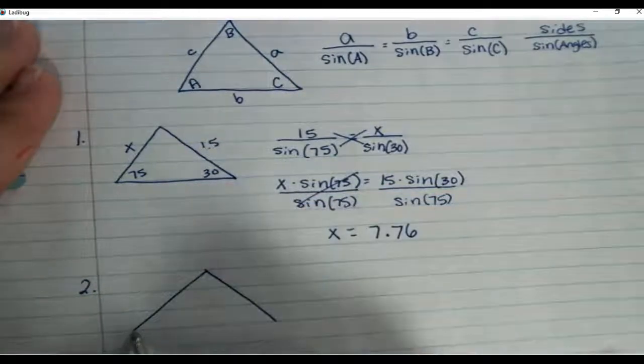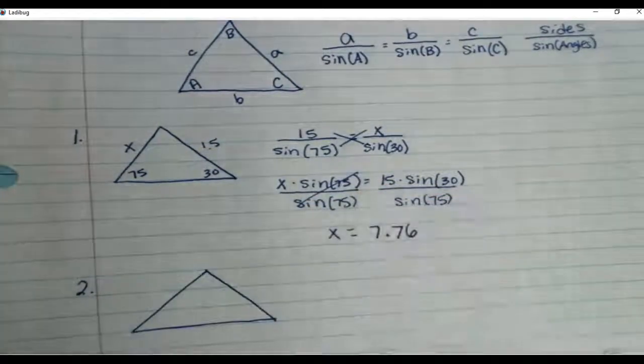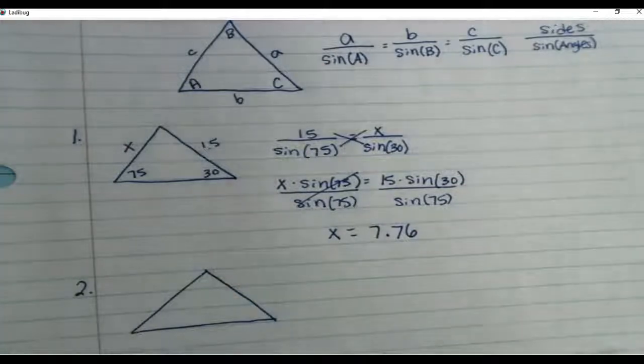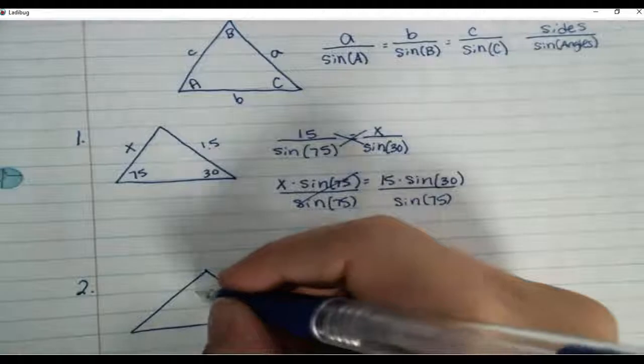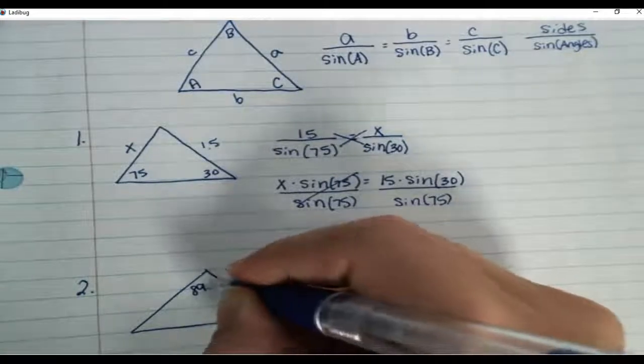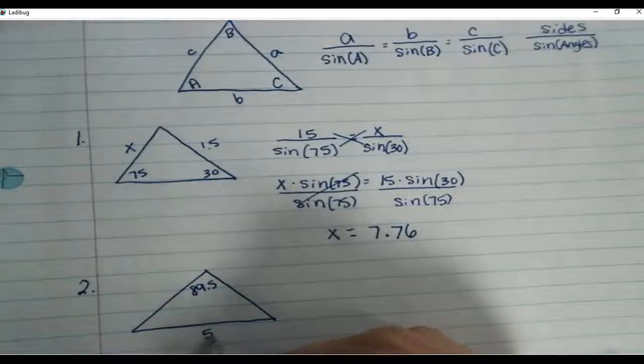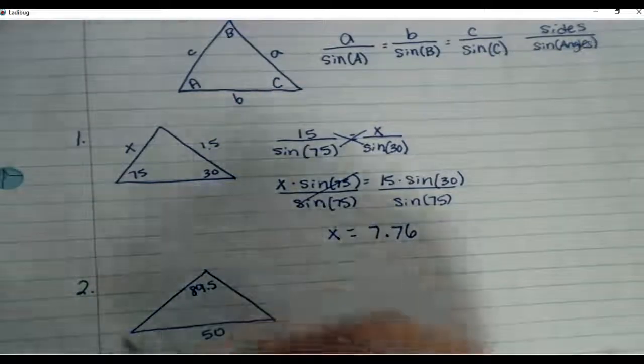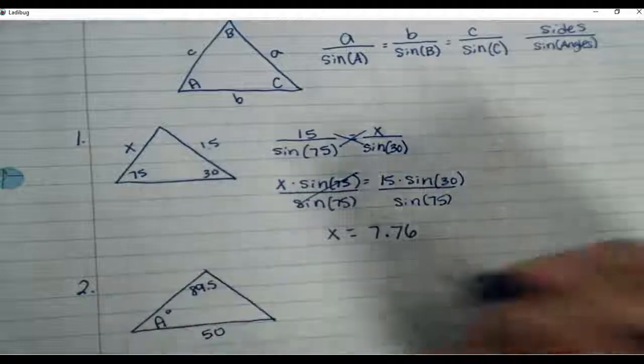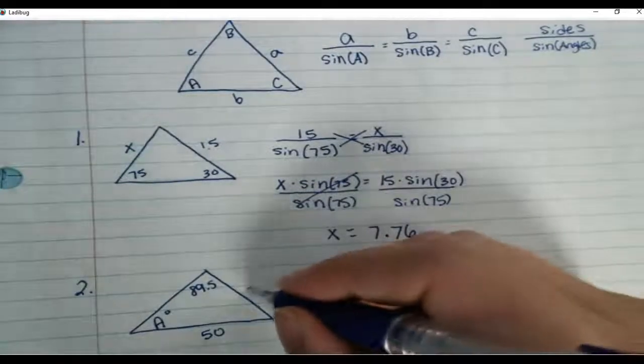So let's say we have another triangle. This top angle is 89.5 and its opposite side is 50, and we want to find big A, and its opposite side is 31.5.